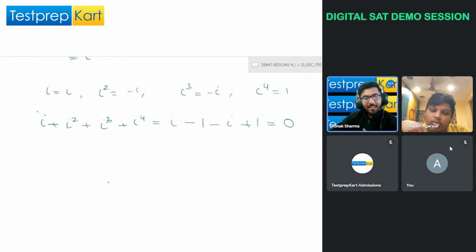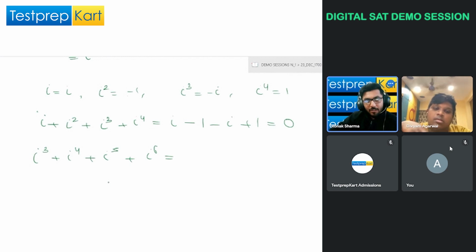Now you don't need to think about only 1, 2, 3, 4. Take any consecutive powers, let's say iota power 3, iota power 4, iota power 5, iota power 6.